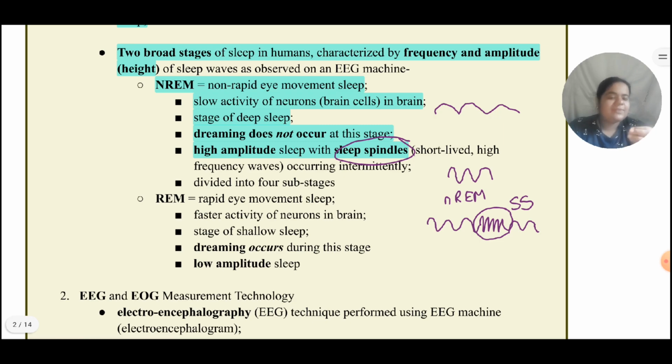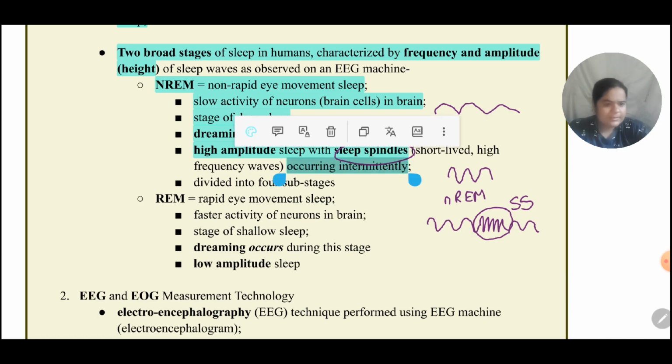Spindles are just short-lived episodes of rapid brain activity. If they were to prolong, then the stage of sleep would not be NREM, it would be the next stage of sleep. So spindles are just small bursts of activity, and that is how they are meant to be. So we just have to know that the sleep spindle is something that does occur in the NREM stage.